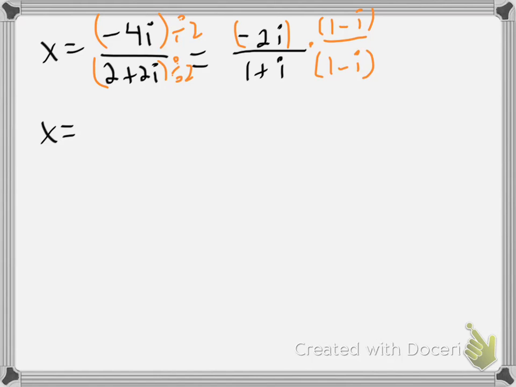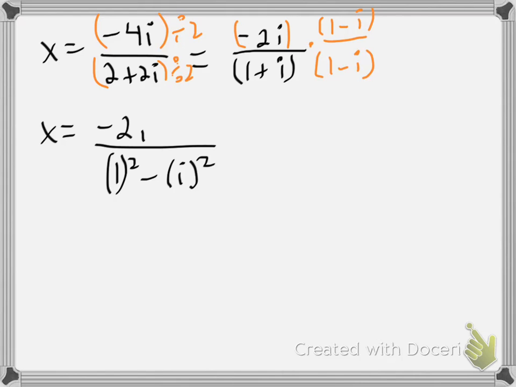And that gives you, again, 1 squared minus i squared. And the top is going to be negative 2i plus 2i squared. And i squared, remember what we said, is negative 1.